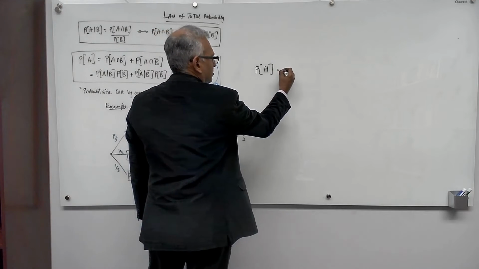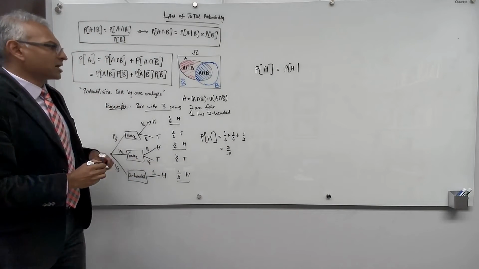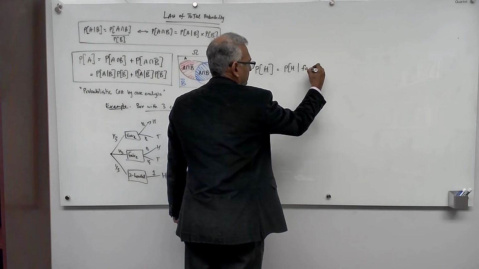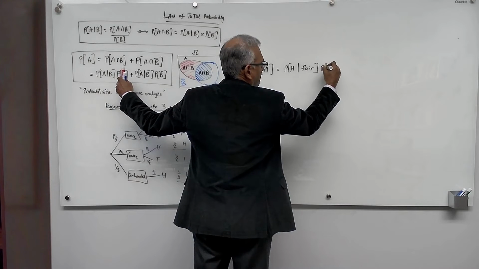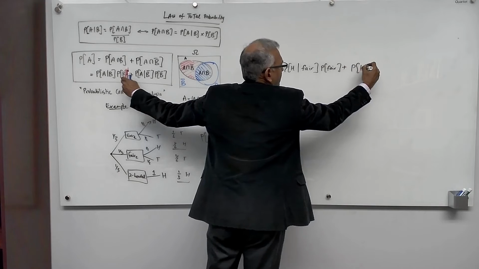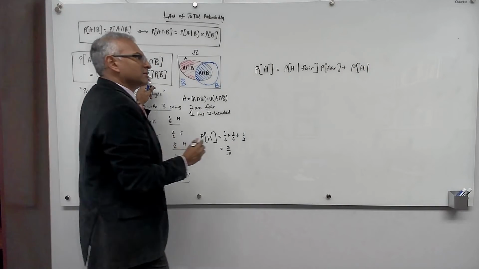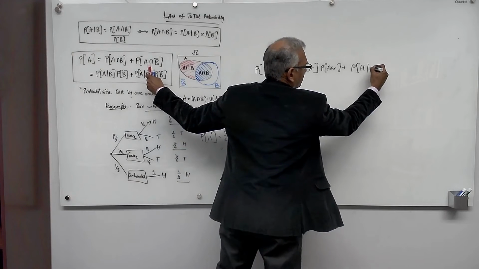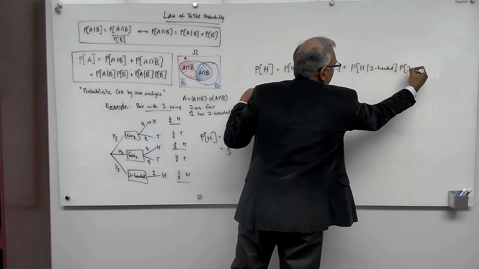So it's the probability of heads given that you picked a fair coin, weighted by the probability of fair, plus the probability of heads given that fair did not happen, the complement of fair. If fair did not happen, it means you picked the two-headed coin, times the probability of two-headed.